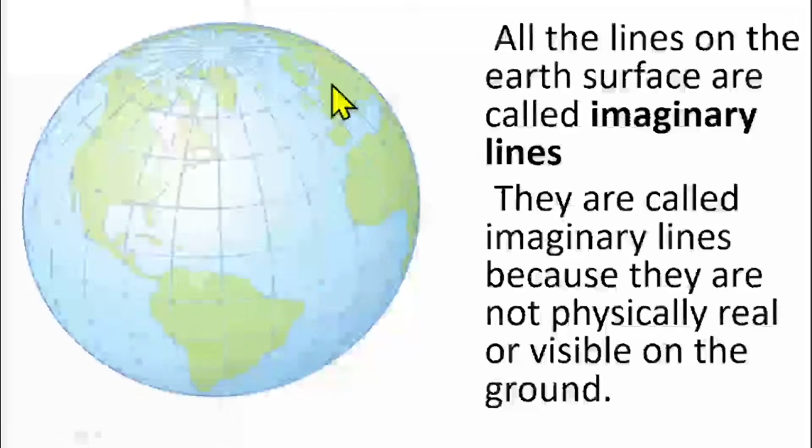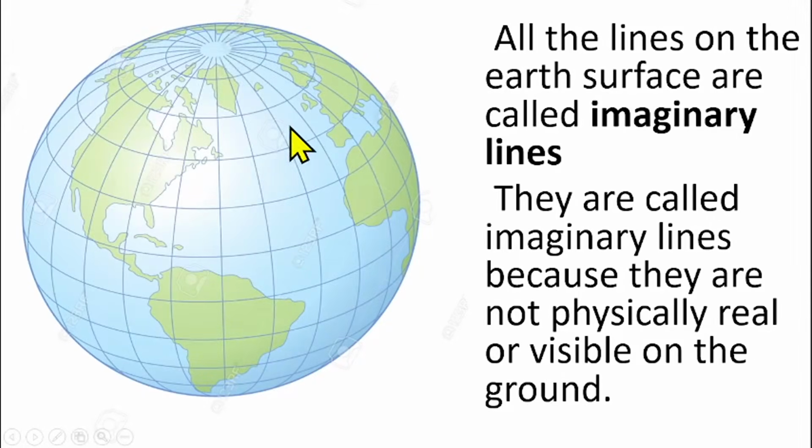They are all called imaginary lines, and those ones that are horizontal, if you have your orange and you cut it horizontally like this, all those horizontal lines will be formed. Those lines are called the lines of latitude.